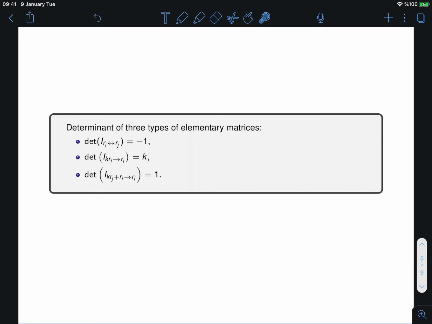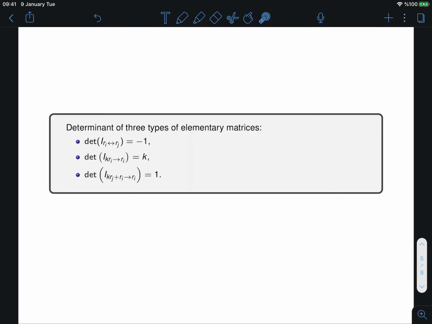Now let's talk about the determinant of elementary matrices. What are elementary matrices? Elementary matrices are matrices which are obtained by doing elementary row operations on the identity matrix.